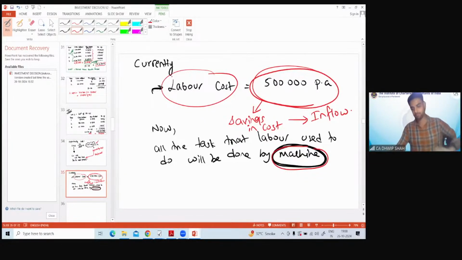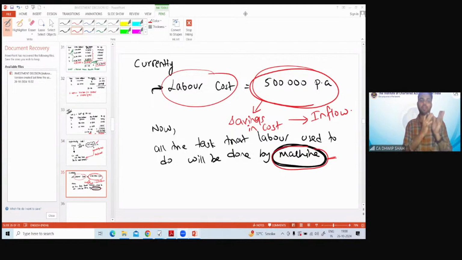I would personally not buy the machine because it will lose the jobs of many employees, and I would not personally want to do that. But we are not talking about any sentiments or emotions here. We are just talking from a money perspective, from a finance perspective. So savings in cost is an inflow to the company.